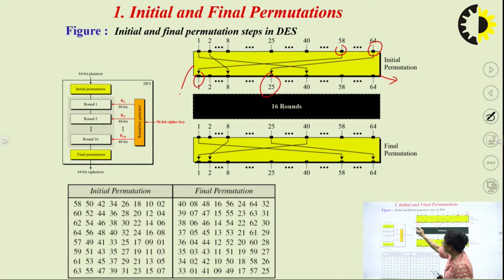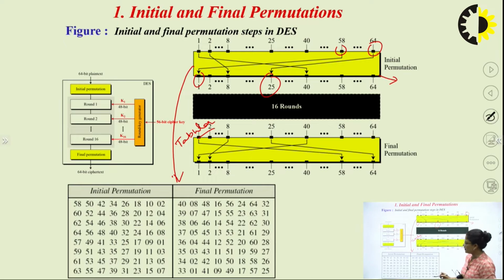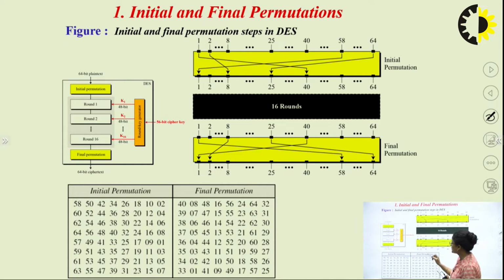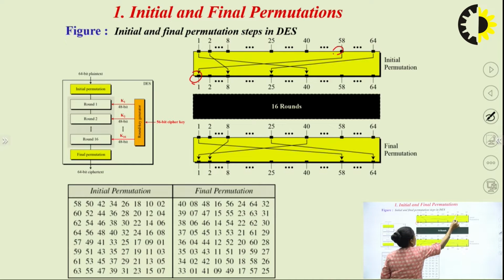And this is the corresponding tabular representation. This is how it works. In the first position, which input comes? The 58th input comes.